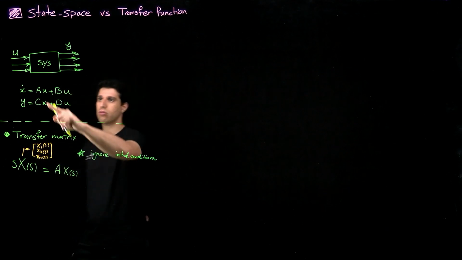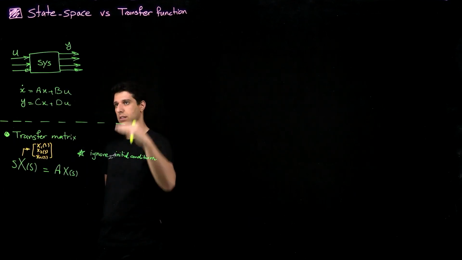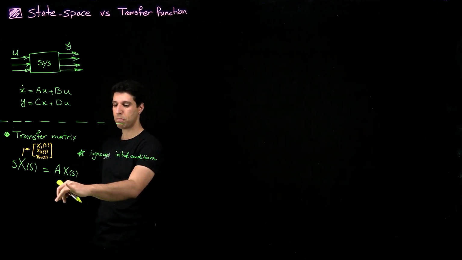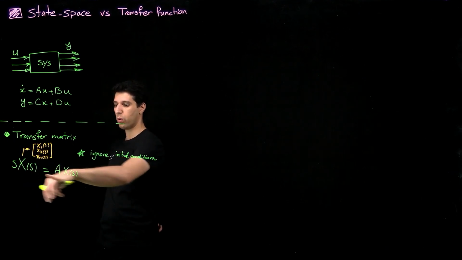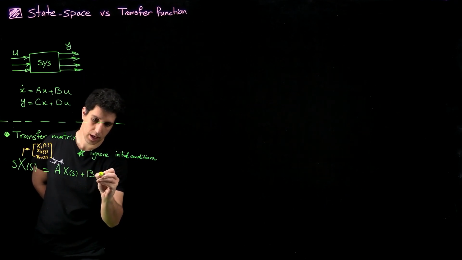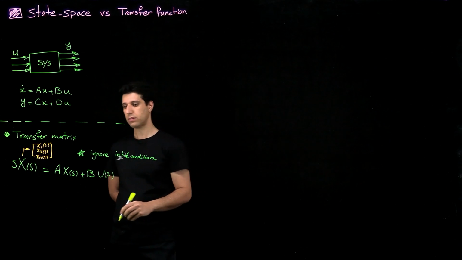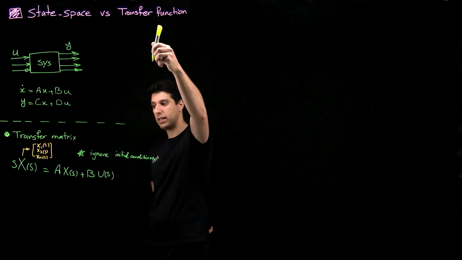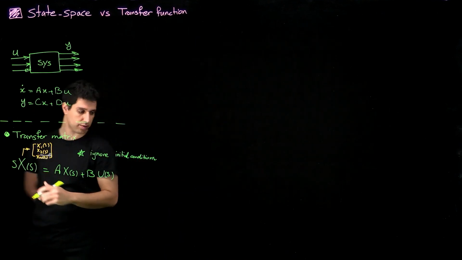I encourage you to expand this equation into multiple linear equations, take the Laplace, and then convert it back to matrix form to see how these work out. And remember, A and B are constant because we are dealing with linear time invariant systems to be able to define something like a transfer function for it.